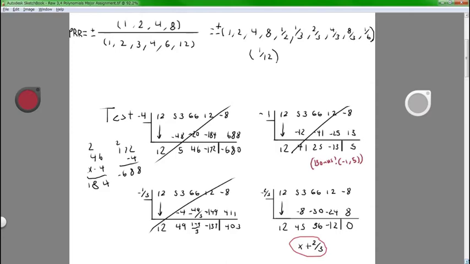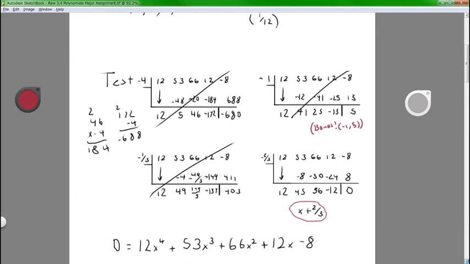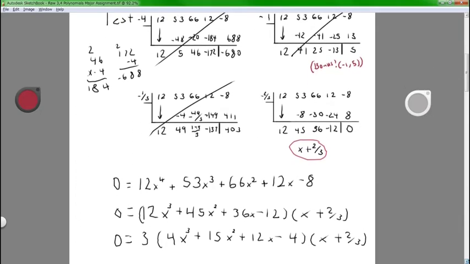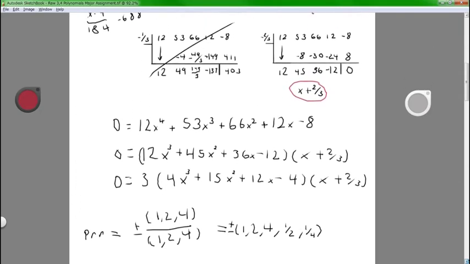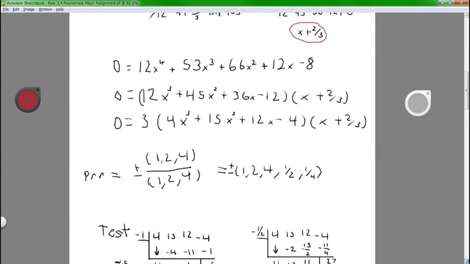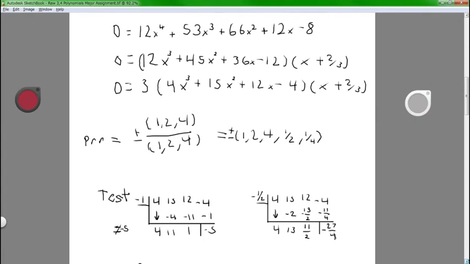So now that you have the first factor, make h of x equal 0, so 0 equals 12x to the fourth plus 53x cubed plus 66x squared plus 12x minus 8. Then you just apply your factors in.